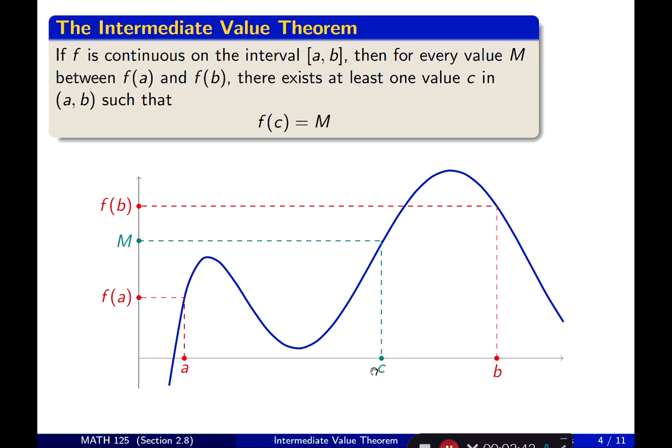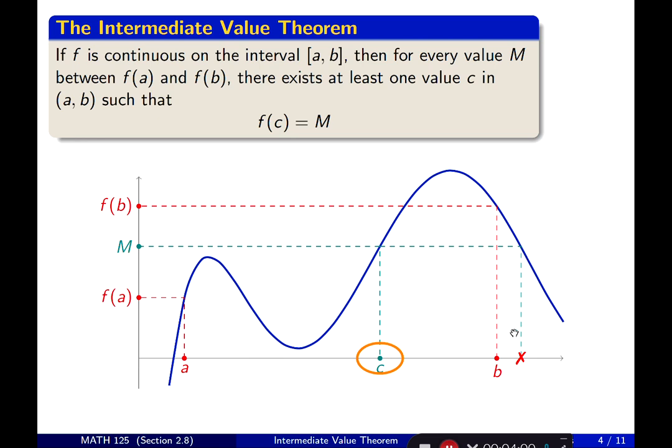Is this c unique always? It doesn't have to be. If m is a little lower, and first of all, we're not looking for points that are not within interval [a, b].